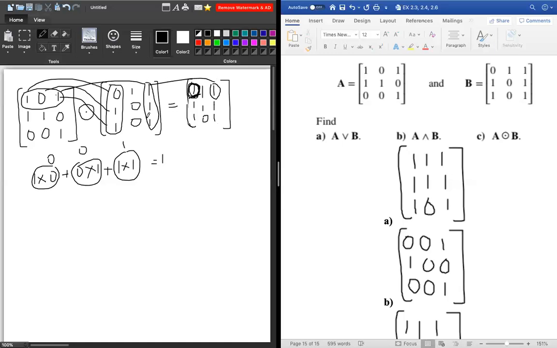Okay. So here we do this 1 multiplied by 1 here, right? 1 multiplied by 1 is 1. Then the 0 multiplied by 1.